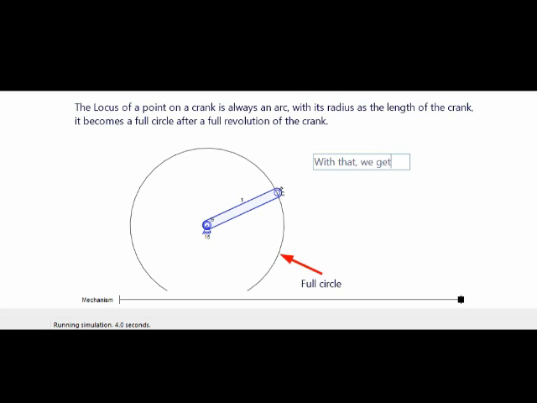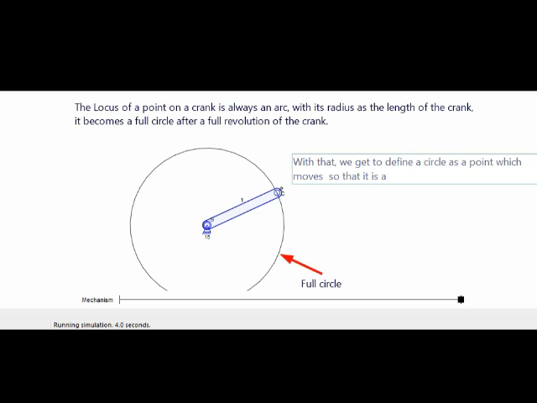So I say the radius is the length of the crank, but ideally it is the distance of that point on the crank to the point on the shaft, the center of rotation. So it becomes a full circle. That's the locus after a full revolution of the crank. You can see the full circle there with the arrow pointing to it.